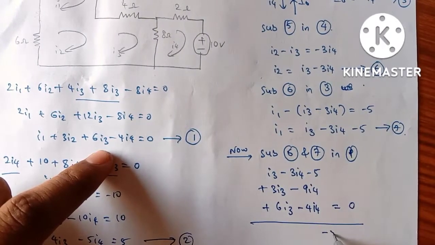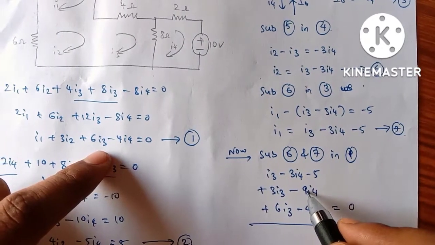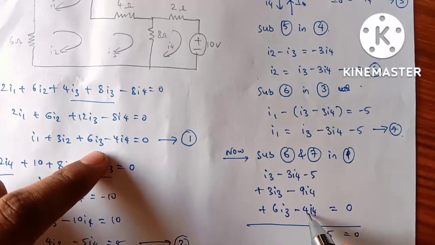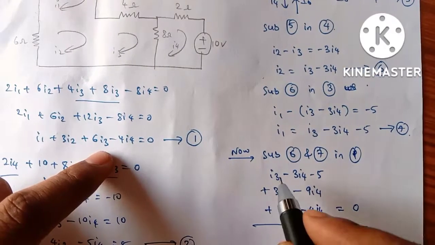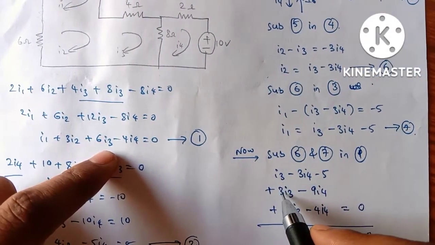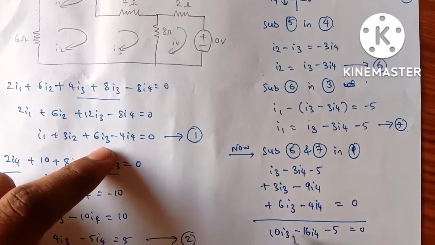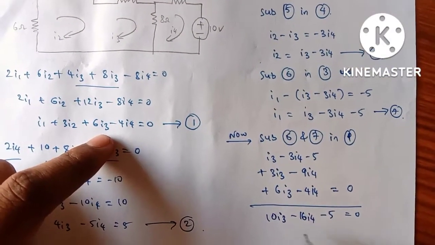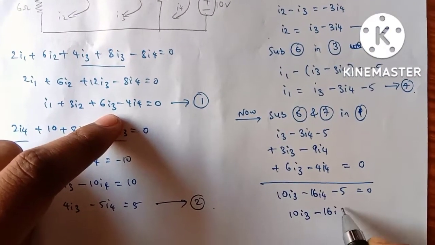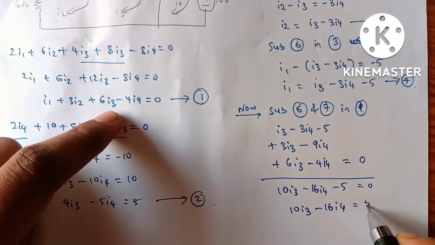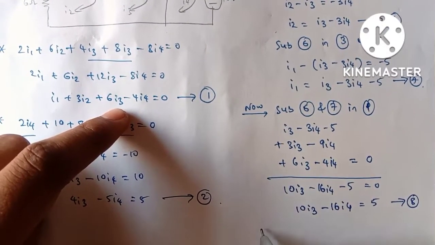Now minus 5. 3 plus 9 is 12, 12 plus 4 is 16, so 16I4. 1 plus 3 is 4, 4 plus 6 is 10, so 10I3. Taking 5 to the other side, 10I3 minus 16I4 equals 5. Consider this as equation number 8.